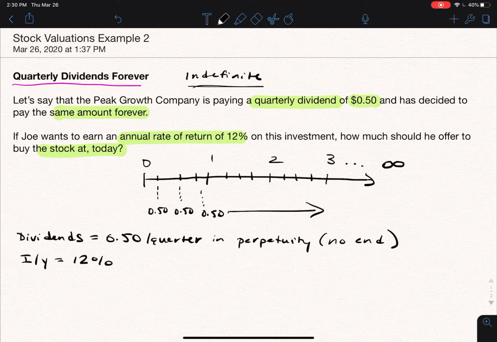And then the last part of the problem says, how much should he offer to buy the stock at today? All right. So what's missing here that we had in our first example? Anybody notice anything? What's missing? How much should he offer? He expects to earn a rate of return. Oh, yeah. It doesn't tell us how long he plans to hold it.